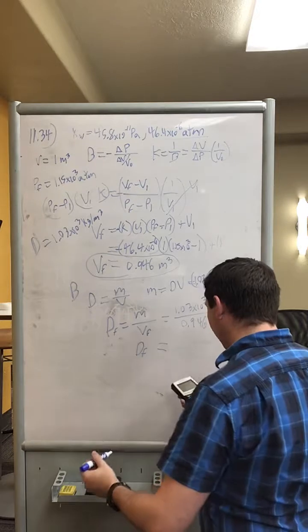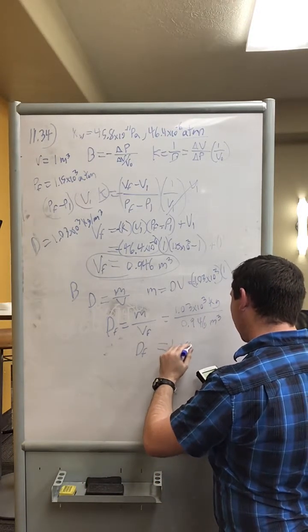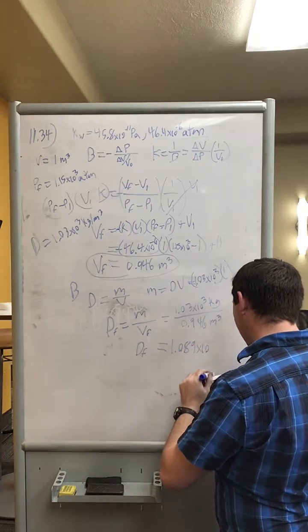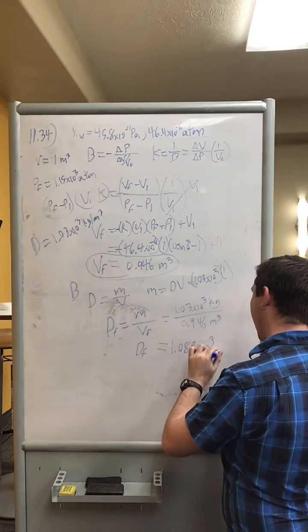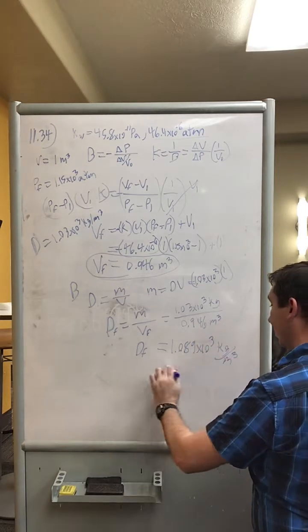Yep, so that gives us a density of 1.089 times 10 to the third kilograms per meter cubed.